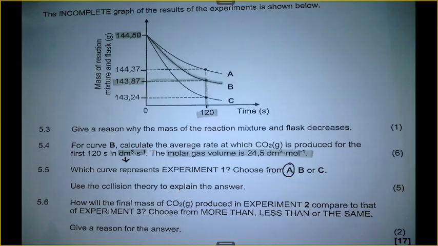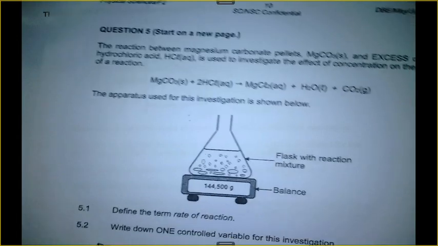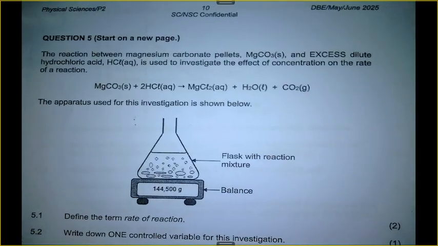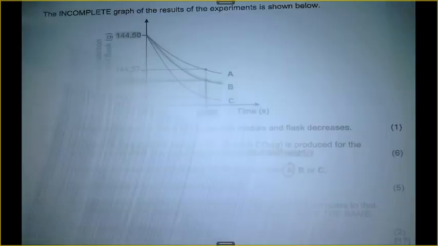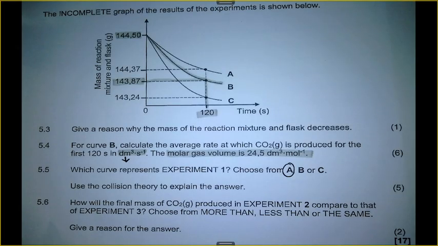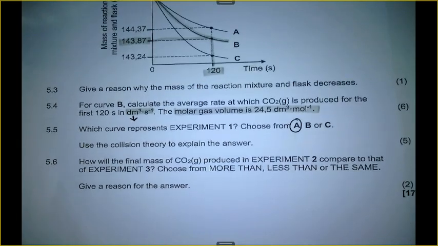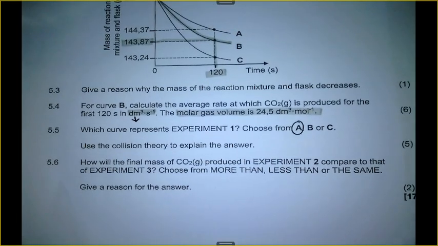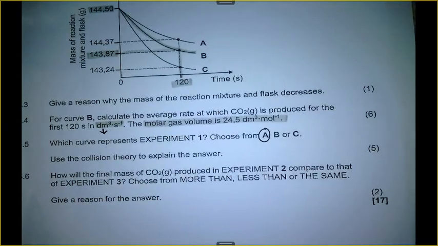The mass of the magnesium carbonate, in my opinion, will therefore be the limiting reagent. And so I cannot see any situation in which the final mass of carbon dioxide will be different in any of these experiments.